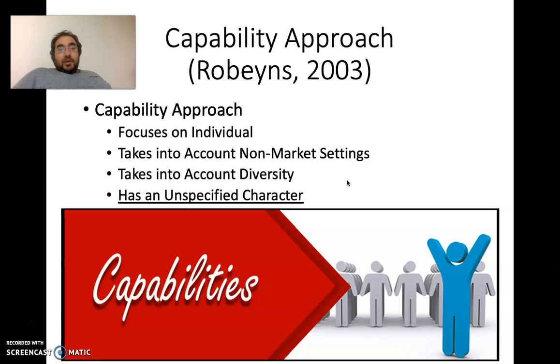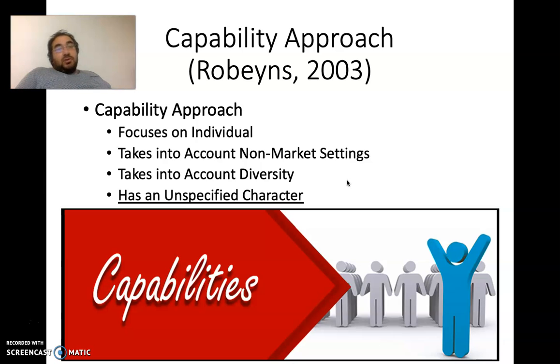Well, for example, if you think about the car issue, if two people have the same income, but one of them is living in a place where public transportation is not developed, that person with the same amount of income might not have sufficient income to have a car to meet his transportation needs.